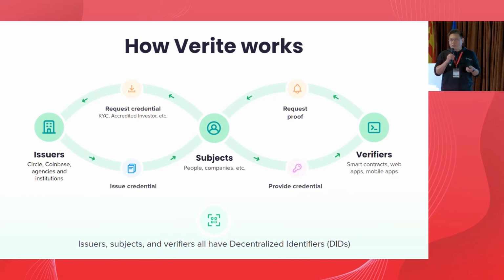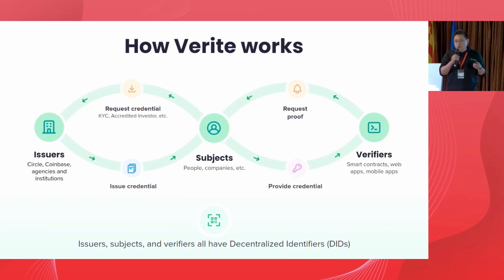So why this is an open system is because anybody can be an issuer, right? But the DApp itself, or DeFi protocol, can decide which issuer they trust, because each issuer is going to have a decentralized ID associated with them.